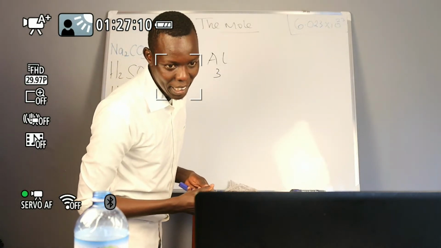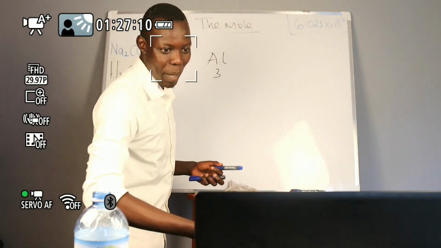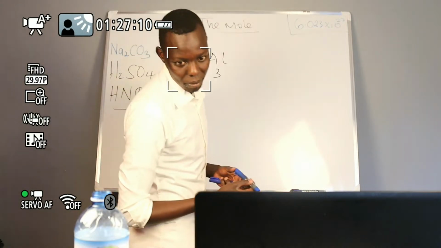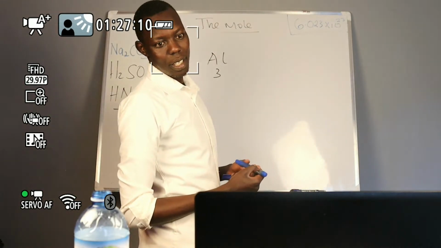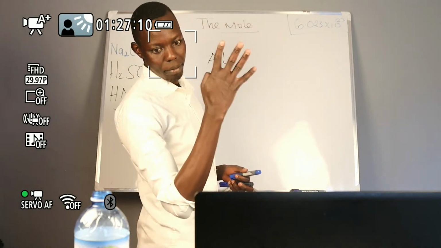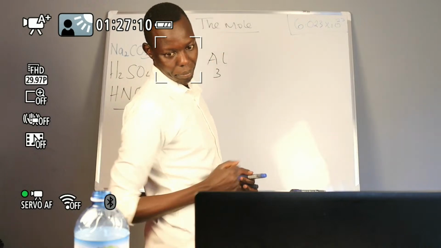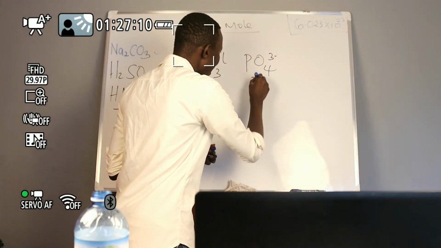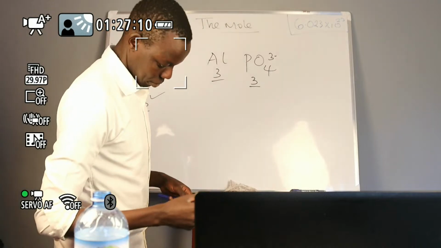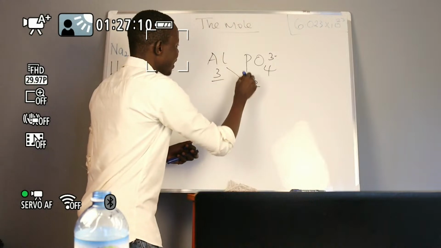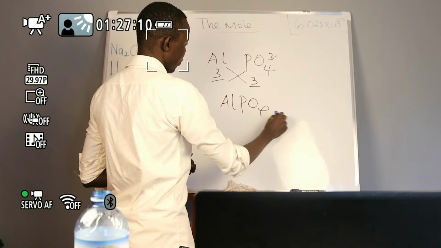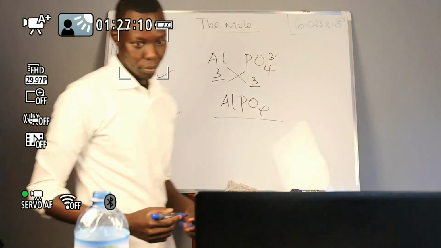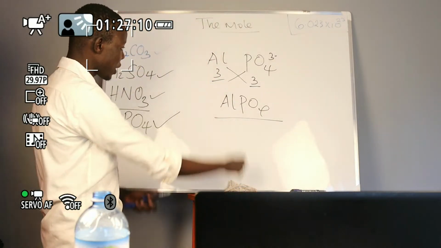Don't you know why it has a valence of 3? Don't you know the electronic configuration, or electronic arrangement, of aluminium is 2, 8, 3? That last 3 is this one. Then phosphate: how many oxygens does it have? 4. So PO4 3. So it also has a valence of 3, just like aluminium. So when they exchange it will be AlPO4. That is it. This is how to write aluminium phosphate.